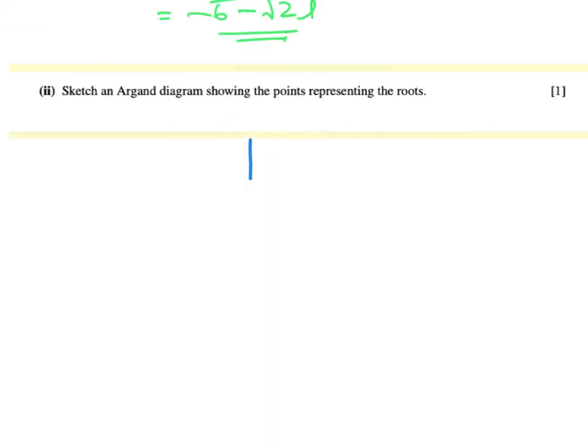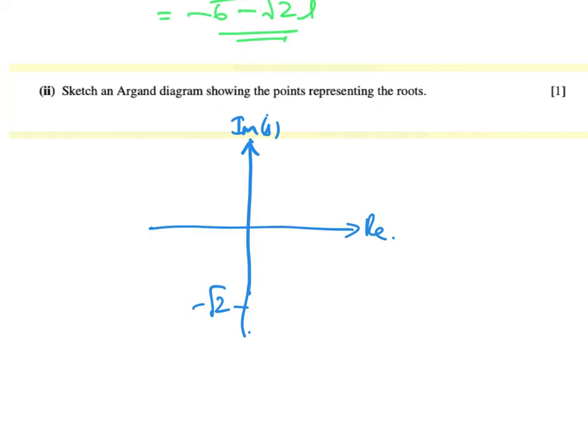Okay, let's sketch the Argand diagram. So you have the imaginary axis, and then your real axis over here, and we have negative √2 i and then positive √2 i on the imaginary axis, and the real axis has negative √6. Okay, so we have 3 points.